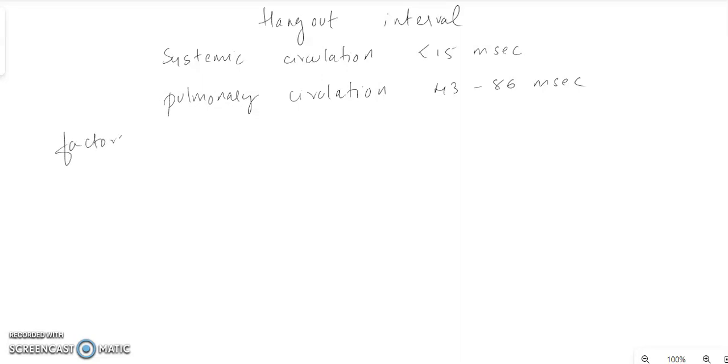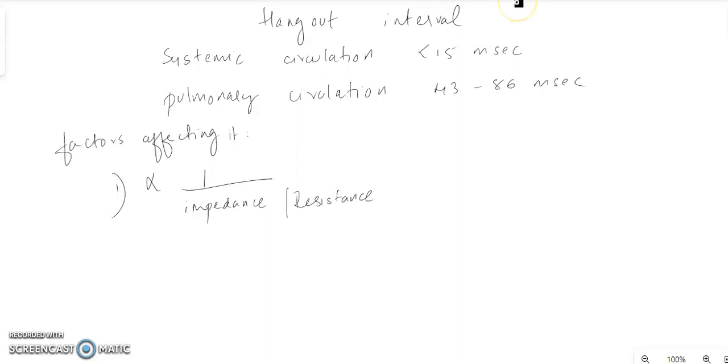Factors affecting the hangout interval are: it is inversely proportional to impedance or resistance. That means systemic resistance is more, so the hangout interval is shorter, whereas pulmonary resistance is low, so the hangout interval is longer.